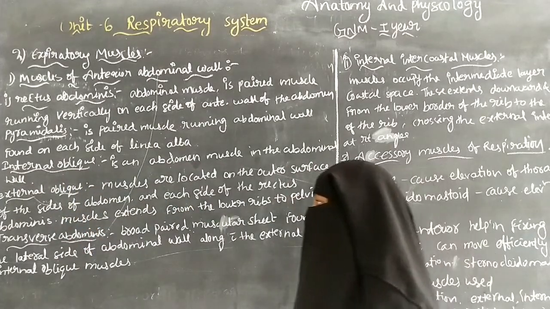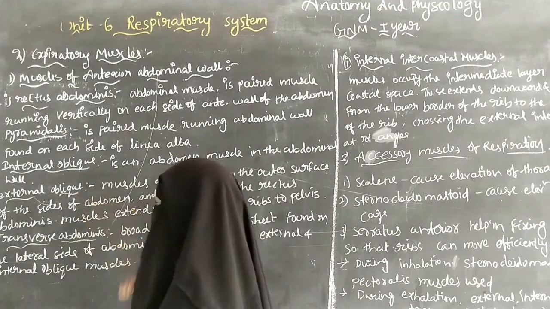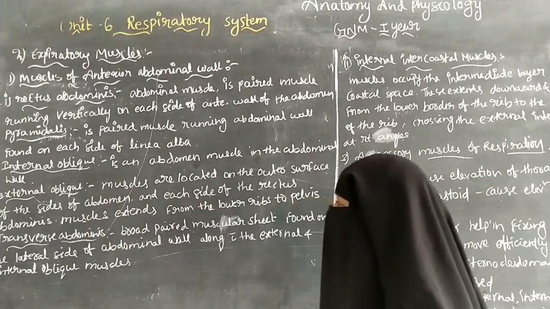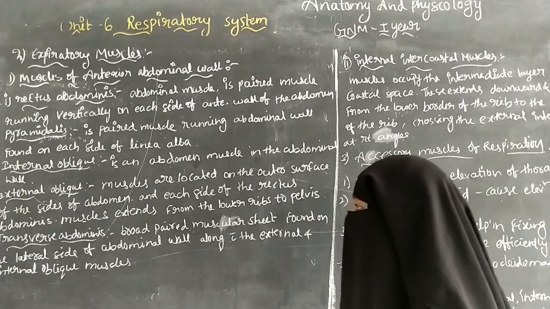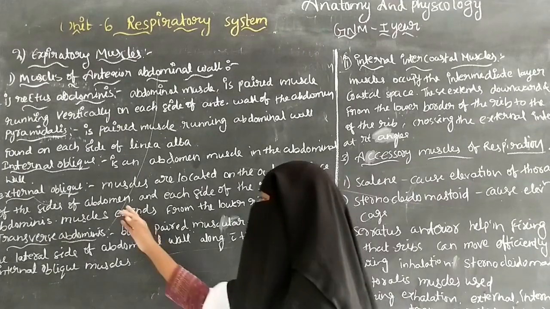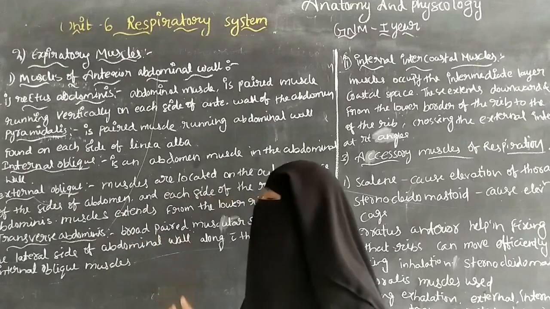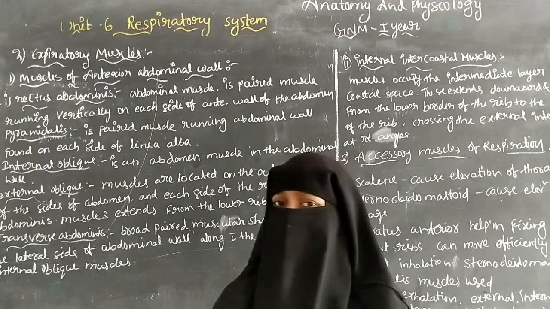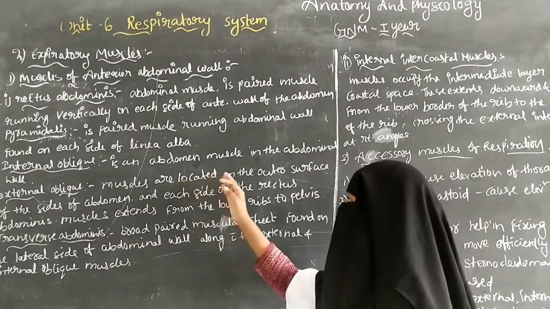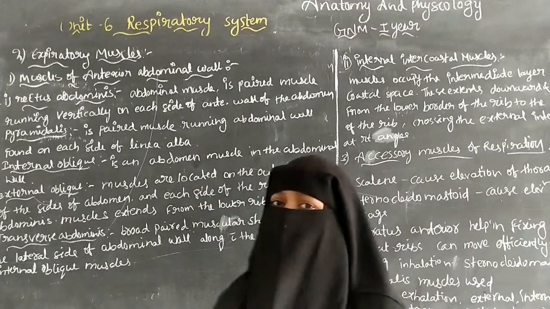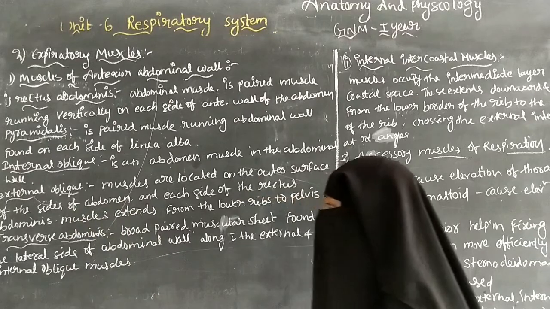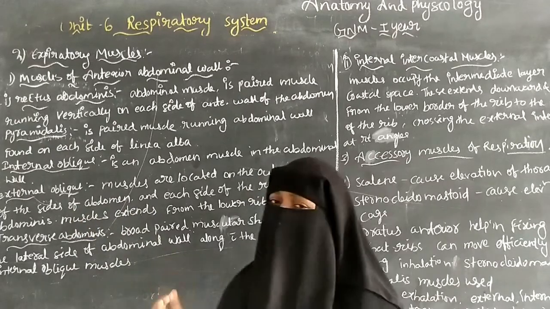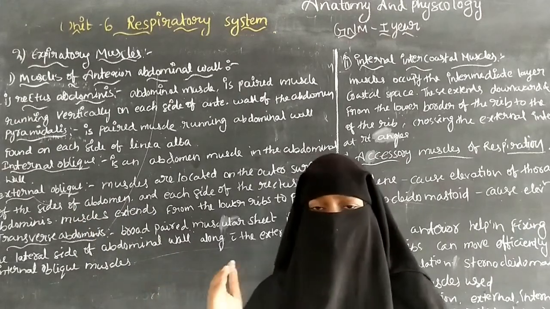And the next one is the external oblique muscle. The external oblique muscles are located on the outer surface of the sides of the abdomen. In the name itself, "external" means the outer surface of the abdomen.